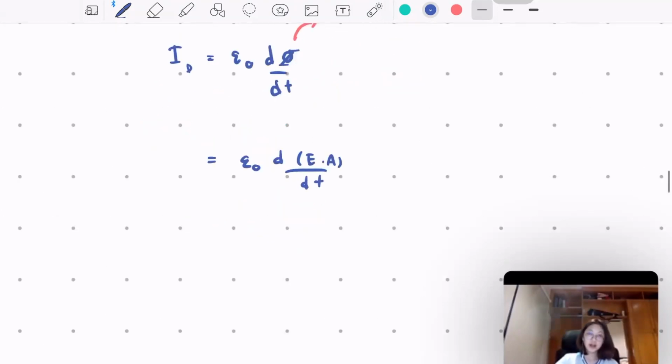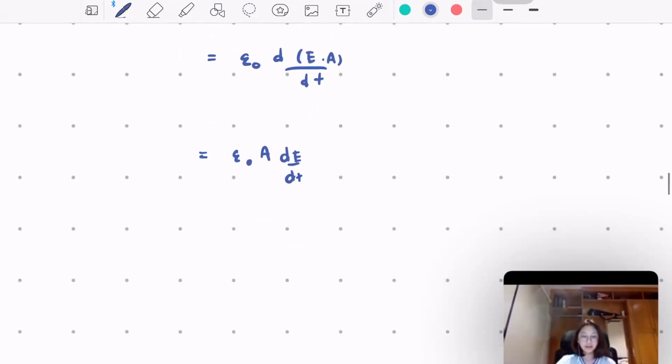But A does not vary with time, it is a constant value, so we can move it out of d by dt. So it will be epsilon naught A dE by dt.